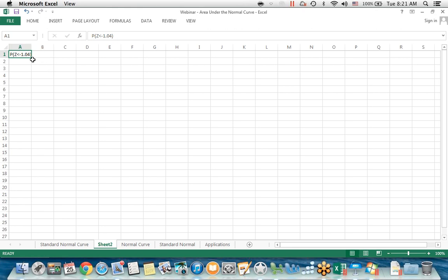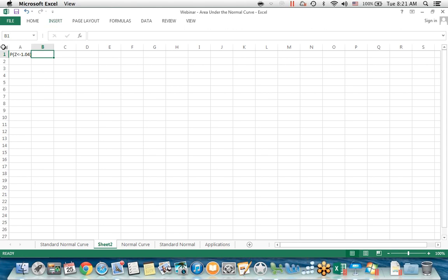For this problem, this is equivalent. The area to the left of negative 1.04 is equivalent to saying probability of Z being less than negative 1.04.